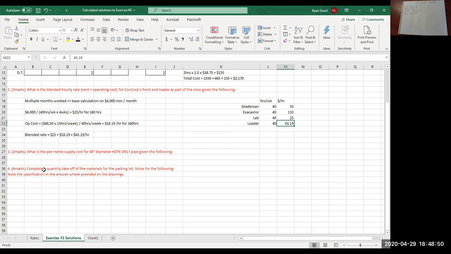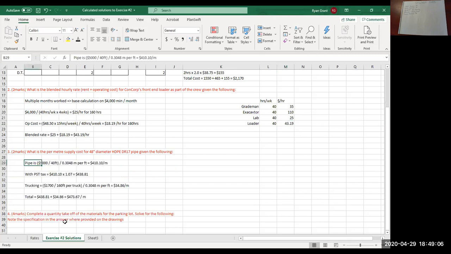So question 3: what is the per meter supply cost for 48-inch diameter HDPE pipe given the following? Let me unhide this one. We're told that pipe costs $5,000 per 40-foot length. So each pipe is 40 feet long.